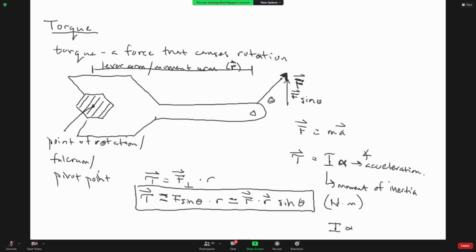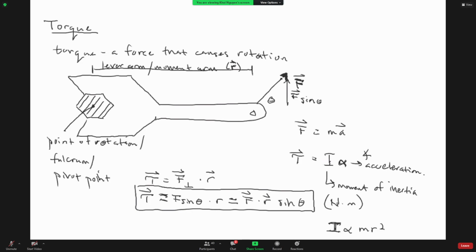Yes, vectors have both magnitude and direction. Moment of inertia is proportional to mass times the radius squared. That's what that symbol, that looks like alpha, means: proportional to mass times some radius.